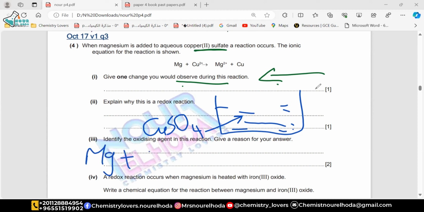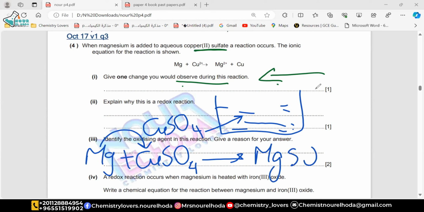Let's write it as a normal equation: magnesium plus copper sulfate. The magnesium is going to displace the copper, so it's not going to be copper sulfate but magnesium sulfate, and copper is going to be released alone. Am I right?